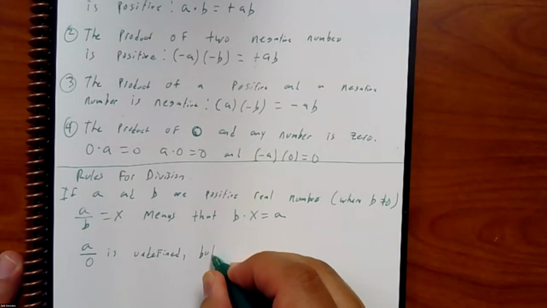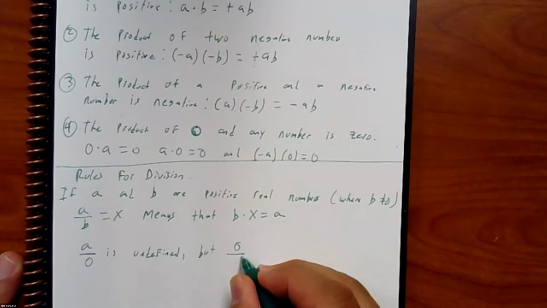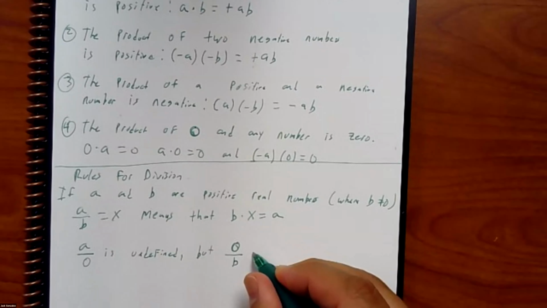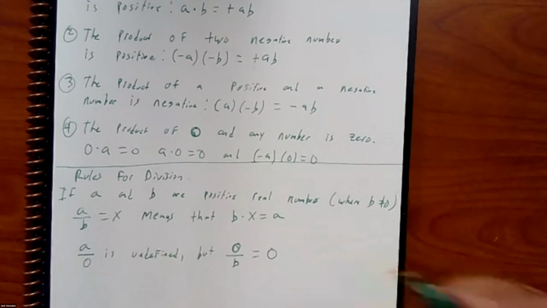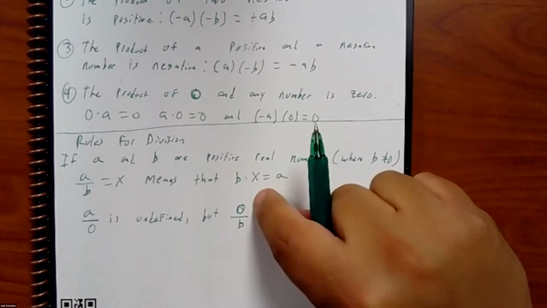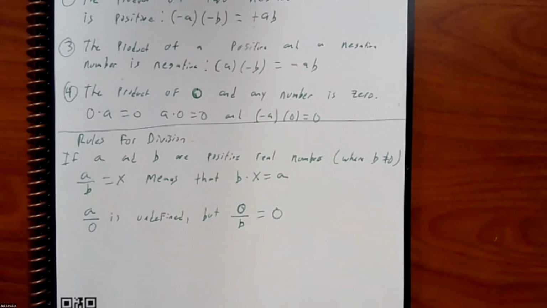But if zero is on top, it's just going to be zero. This one's fine. Zero's on top, don't worry about it. But the bottom is a problem. So don't mix them up. If we do get a question for that, what do we put? Just undefined? Yeah, I just say undefined. Can't do it.